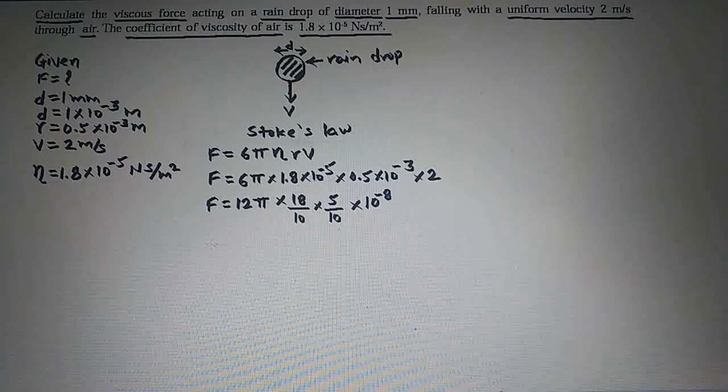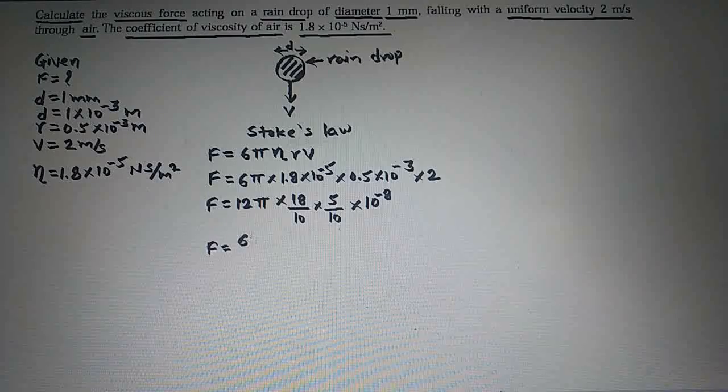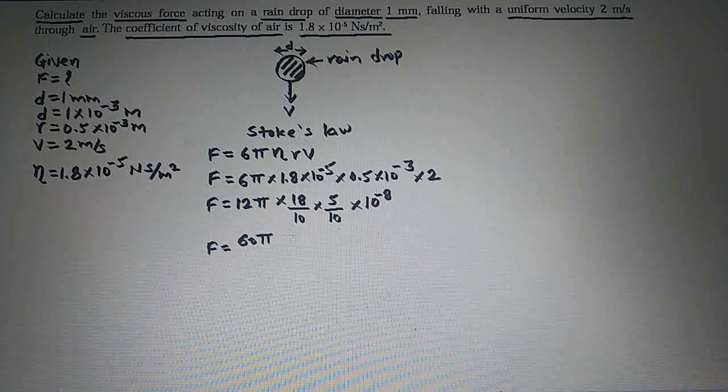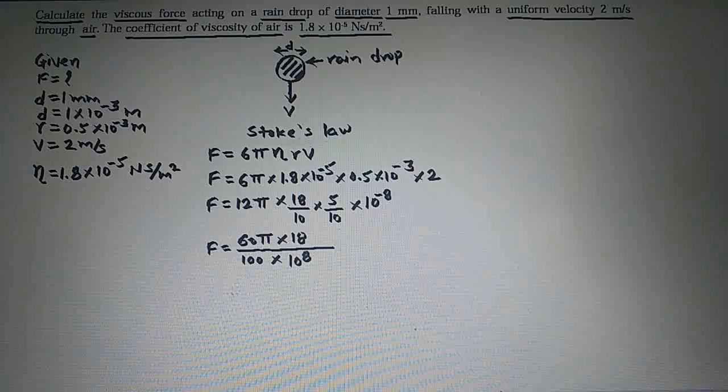Next, we can write here F is equal to 12 into 5, it should be equal to 60 pi into 18 divided by 10 into 10, it will be 100, into this 10 raised to minus 8 in numerator, it will become 10 raised to plus 8 in denominator.